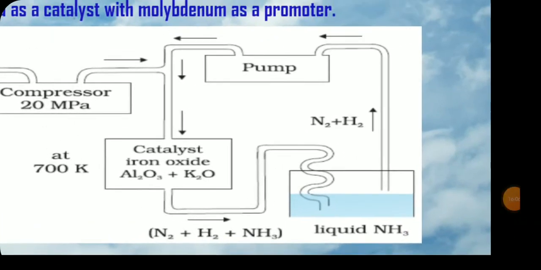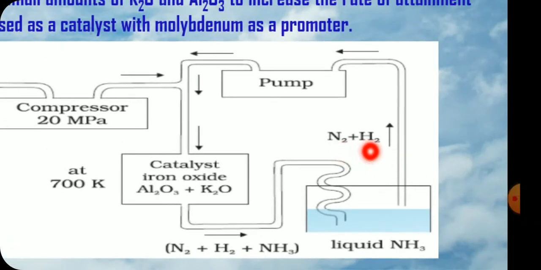The unreacted N2 and H2 gases escape from this condenser and move to another chamber called a pump. The role of the pump is to pump the unreacted N2 and H2 back to the catalytic chamber. From this inlet, fresh N2 and H2 are coming, and from this pipe, the unreacted N2 and H2 are coming.